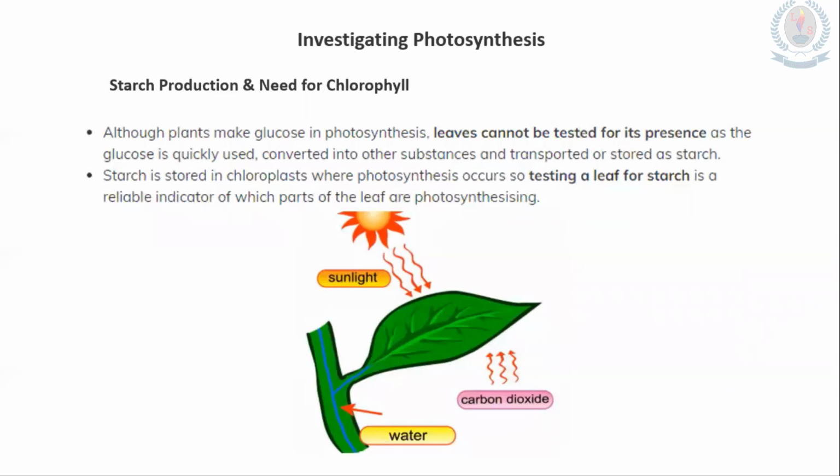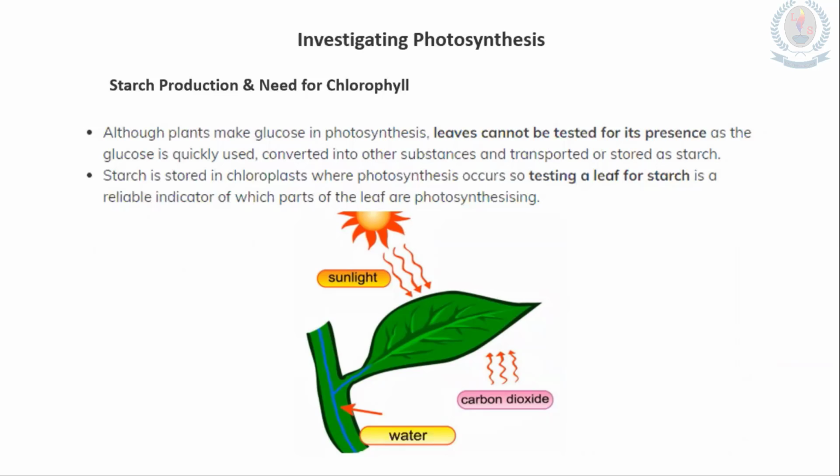Now we will see how starch is produced and how chlorophyll is required for photosynthesis. Even though plants make glucose via photosynthesis, leaves cannot be tested for its presence, as glucose is quickly utilized.